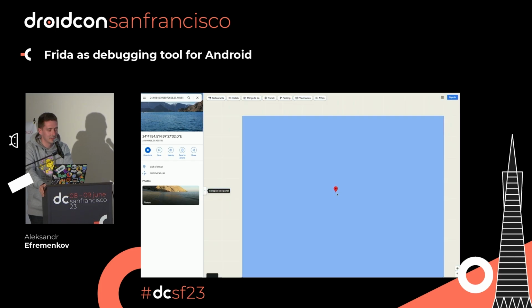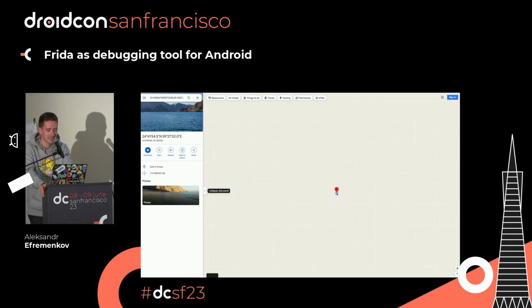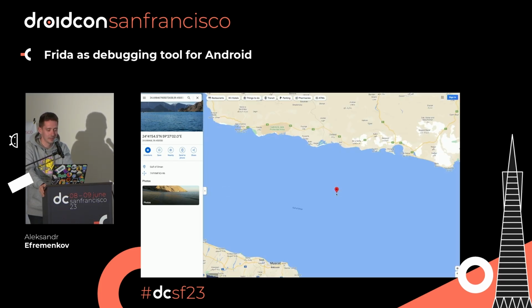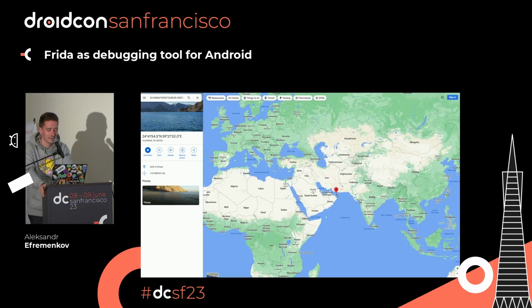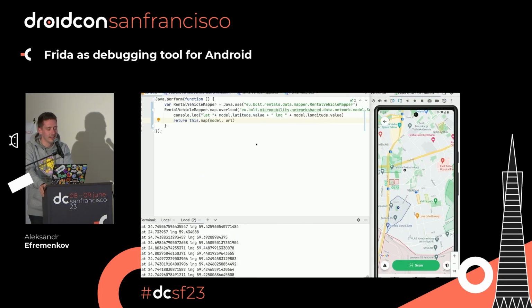It's somewhere in the sea. Let's scroll a bit. It's somewhere in the Middle East, in the Oman Sea. Let's imagine we received invalid coordinates from the backend, and here we could see that in production someone on the backend messed up the coordinates.